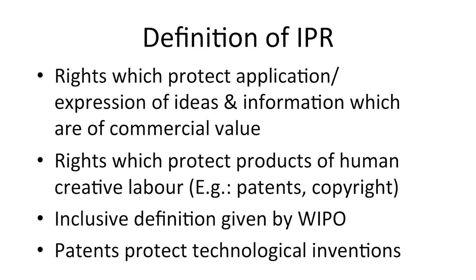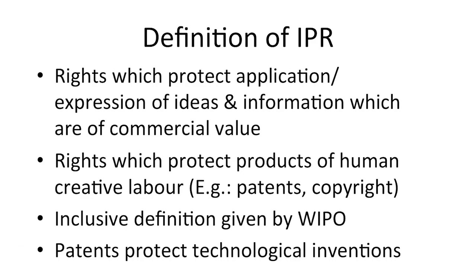For instance, the WIPO, which stands for World Intellectual Property Organization, which is an international organization under the United Nations which deals with intellectual property rights, has a definition. It's an expansive definition, which is more like a grocery list. It includes many things under the ambit of intellectual property rights.